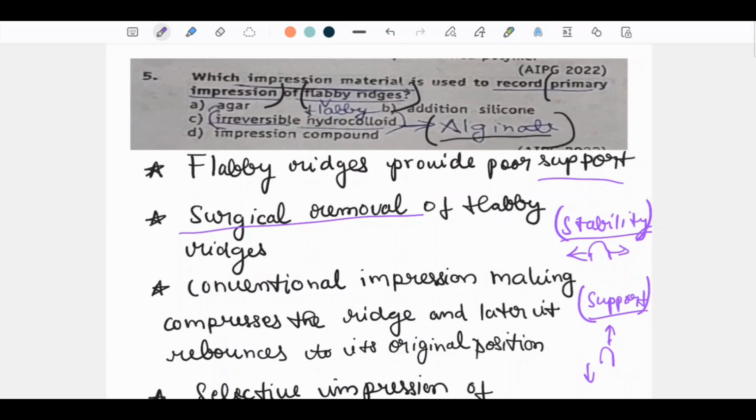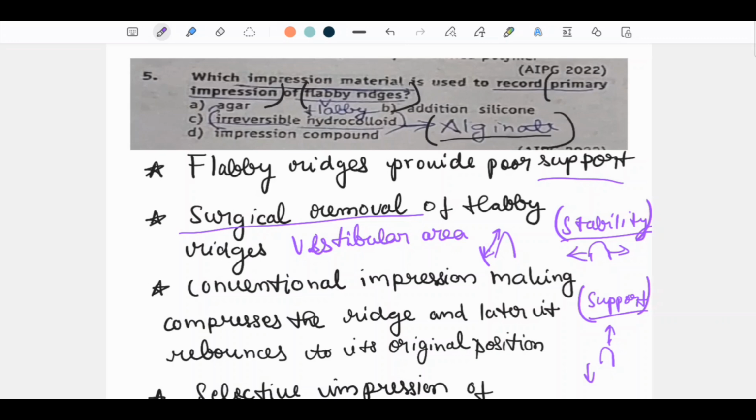We would get a good vestibular area for a good support. Vestibular area is the distance from the top of the ridge to the base of the sulcus. So that is going to be better.